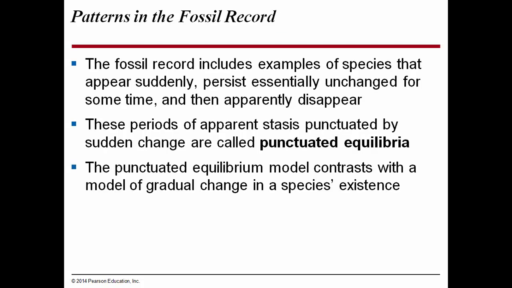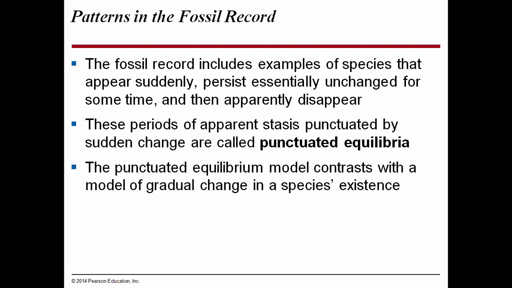The fossil record includes examples of species that appear suddenly, persist essentially unchanged for some time, and then apparently disappear. These periods of apparent stasis punctuated by sudden change are called punctuated equilibrium. This is the predominant theory of evolution at this point in time.